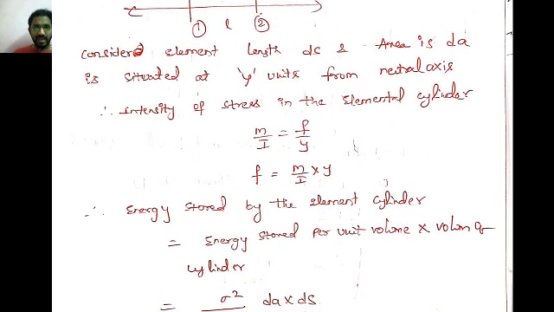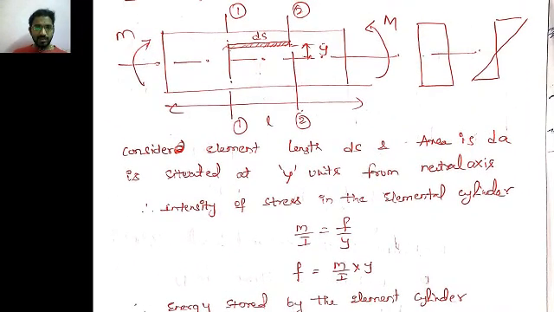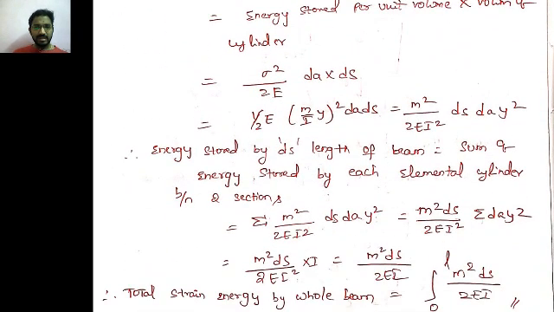How much energy is stored at this portion and how much at that portion; both we have to add. So I am taking the summation directly. This M square by 2EI square ds dA y square is for one section, and for another section it is the same. So I take the summation of M square by 2EI square ds dA into y square.